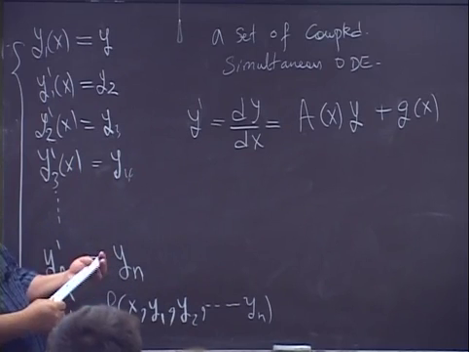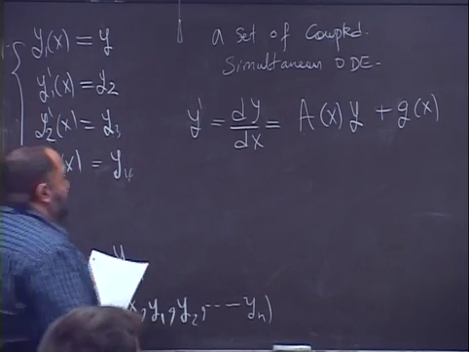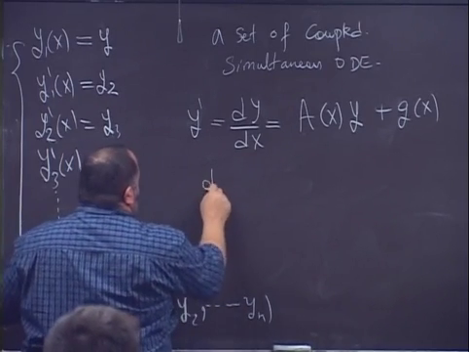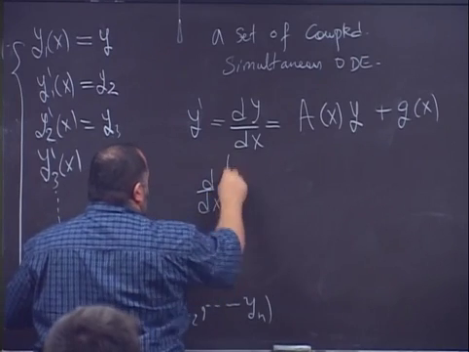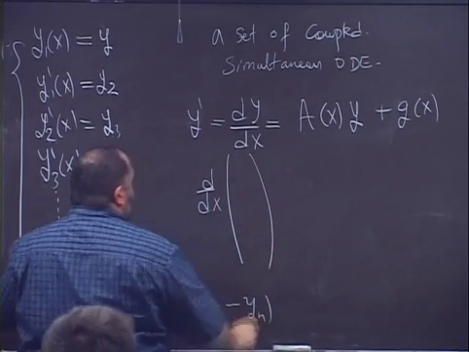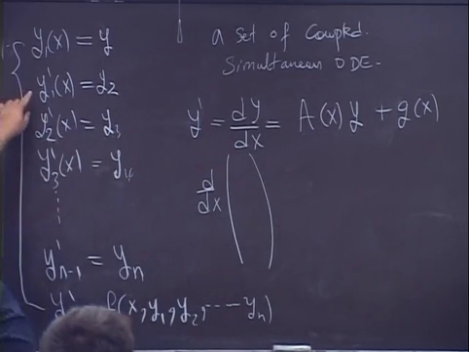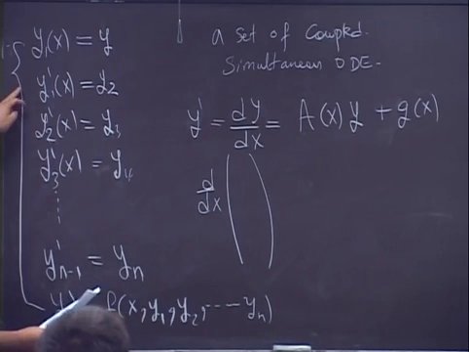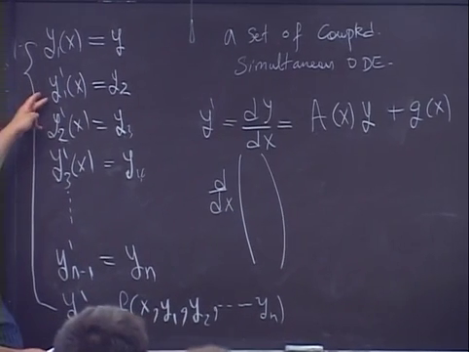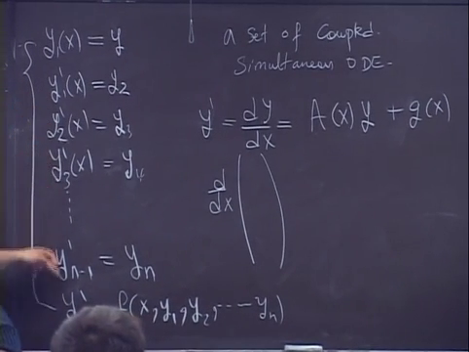So how will we write it now? Here is the operator d by dx. And what's the y vector here, from here? It's y1, y2, y3, y4, and so on.